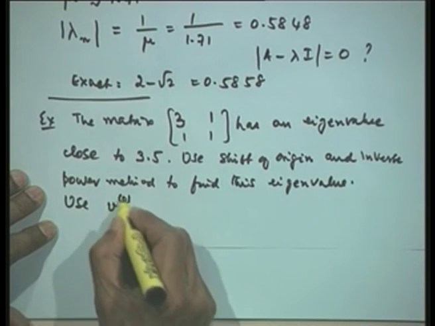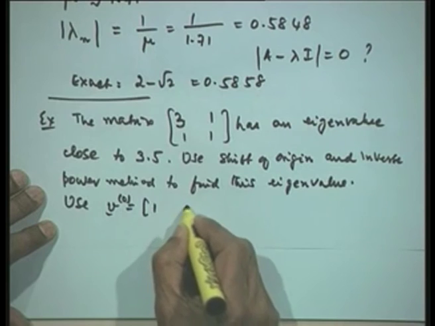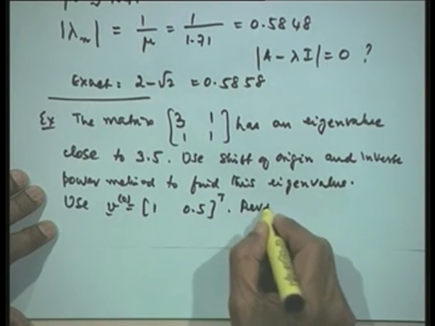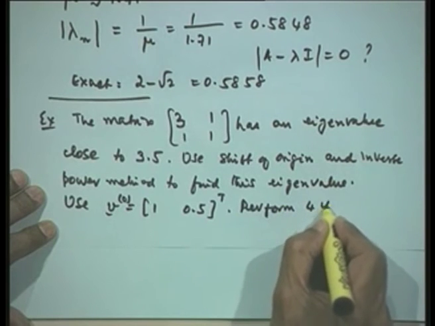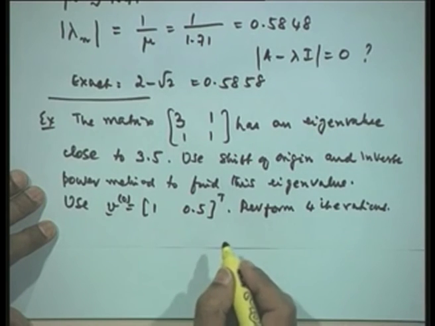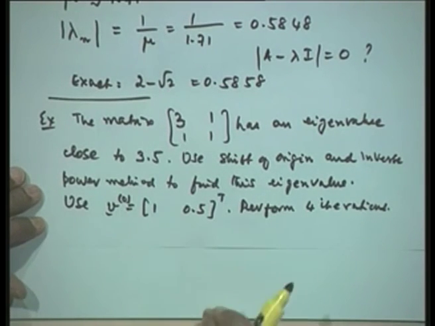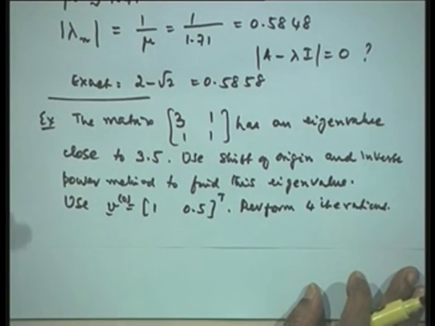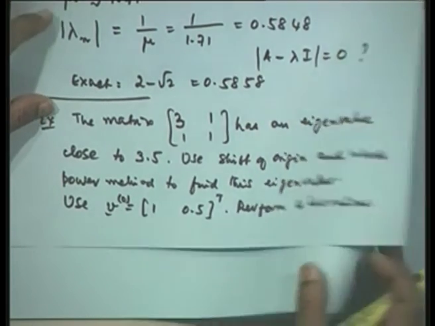Use V0 is 1, 1, perform 4 iterations. I want to illustrate the importance of the shift of origin in this case. I will give the first few steps which you can complete.